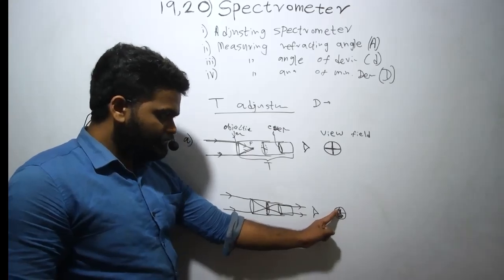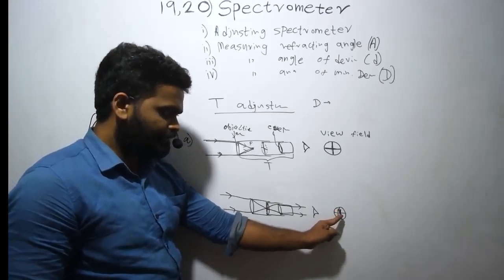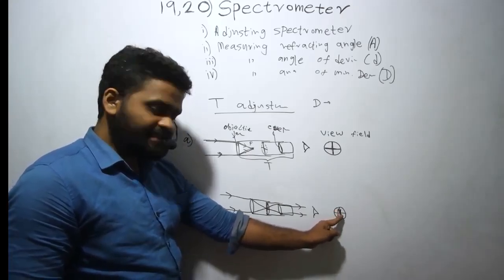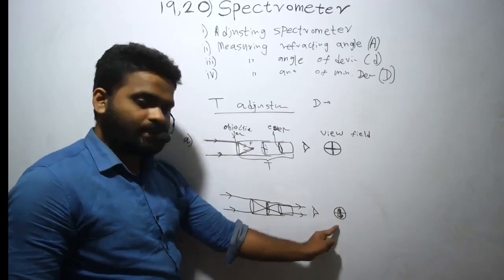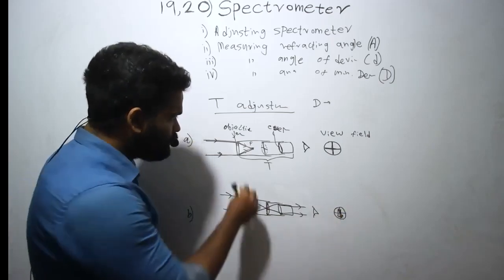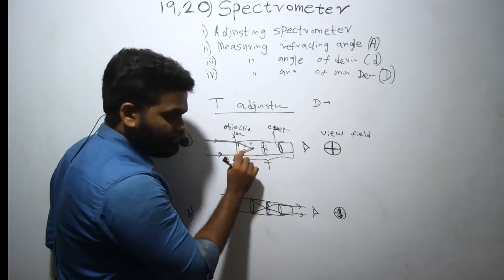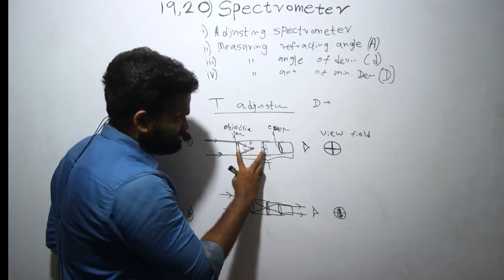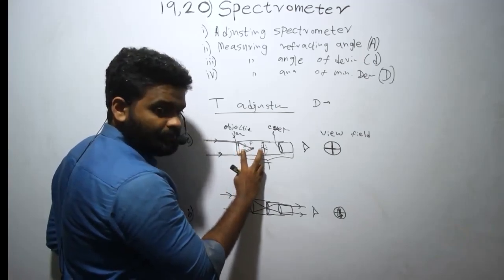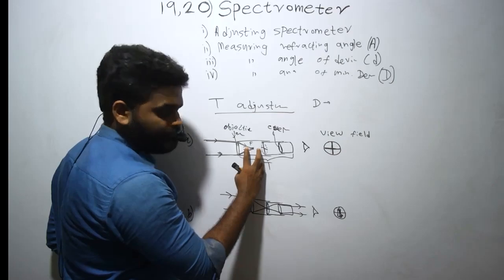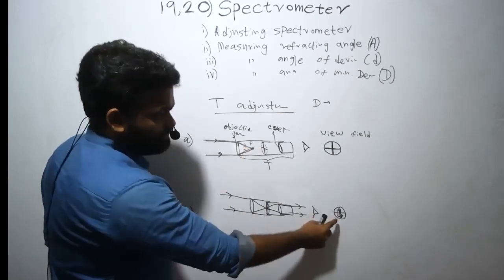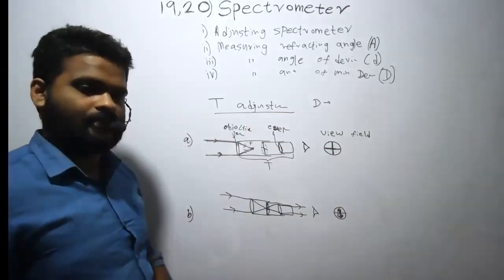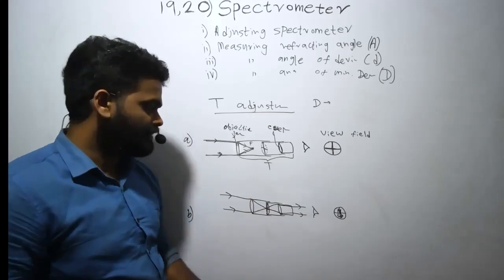Till you see a clear image of a distant object on the crosswires, you have to adjust this knob. So this distance changes. This is the second adjustment.